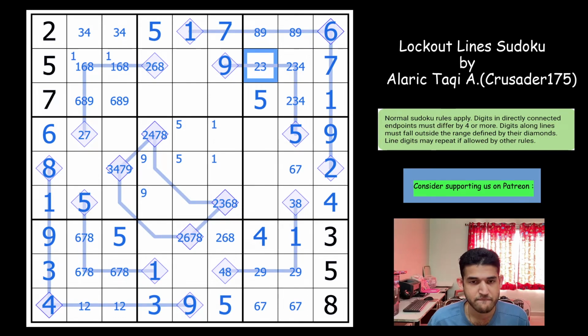Okay. This will be a 4 must be in these two cells. This will be 2, 6, 7, and 8.